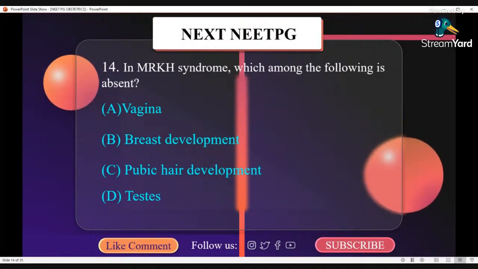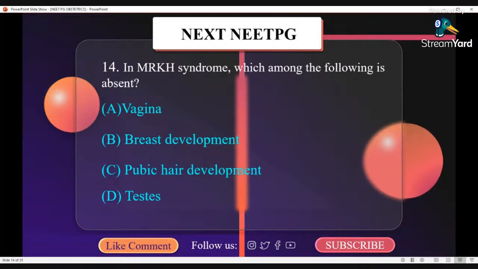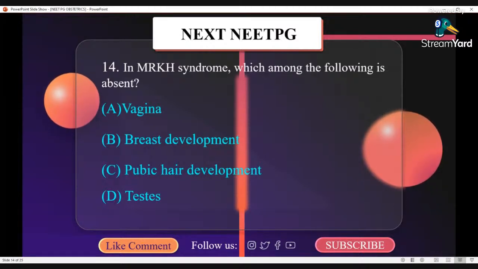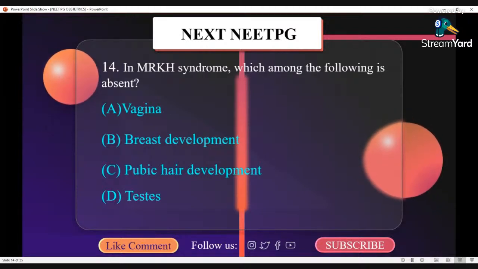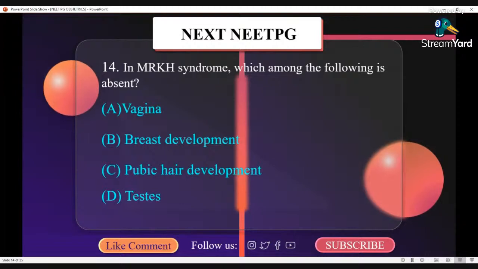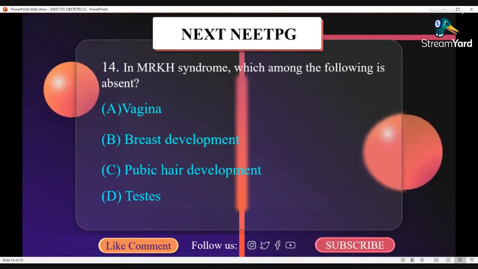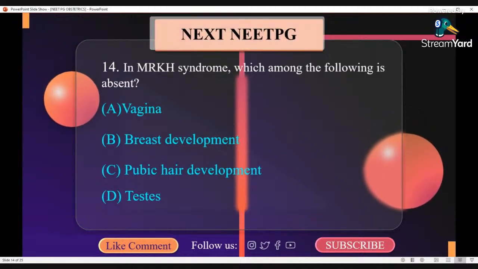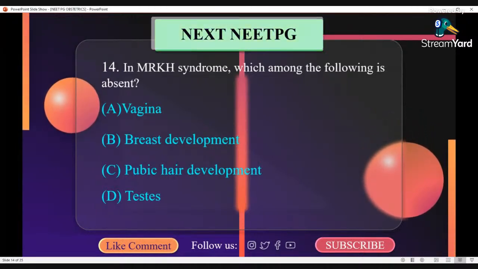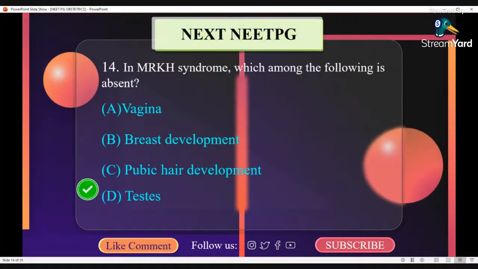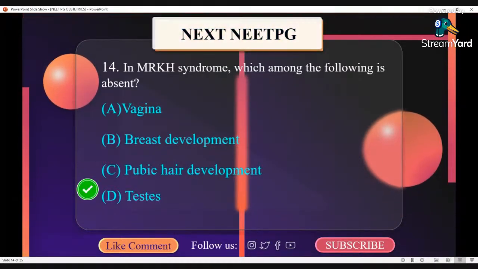The karyotype is 46XX. Then secondary sex characters are normal. So the correct option here is testis. Testis is present in androgen insensitivity syndrome. In MRKH syndrome, ovaries are present. So the correct option is D, testis is absent in MRKH.